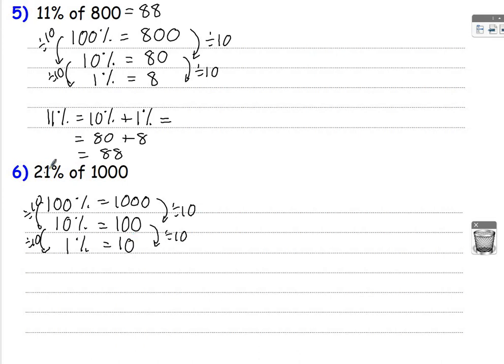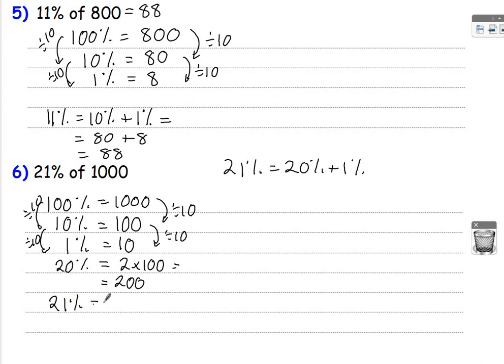I need 21%, so I'll need 20%, because 21% is 20% plus 1%, isn't it? Okay, so 20%, well, if I know that 10% is 100, 20% is going to be 2 lots of 100, which is 200. So 21% is going to be 200, because that's 20%, add 10, which is the 1%, to give me 210. So your answer here is 210.